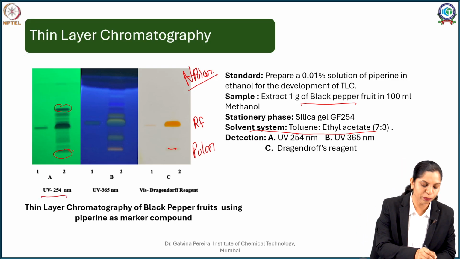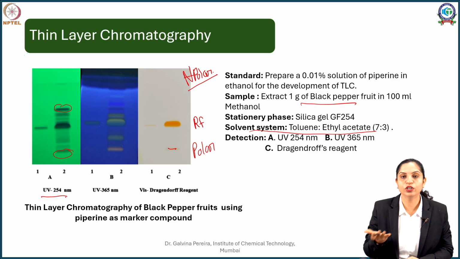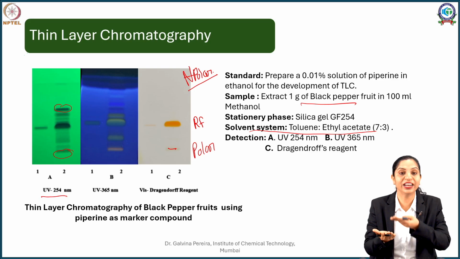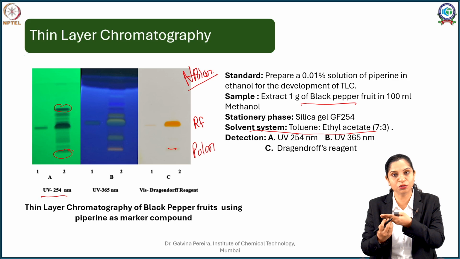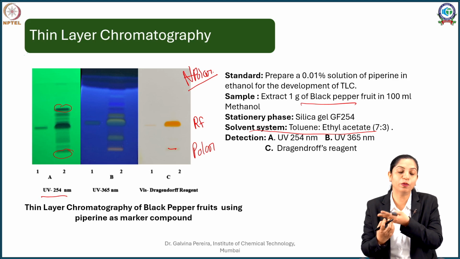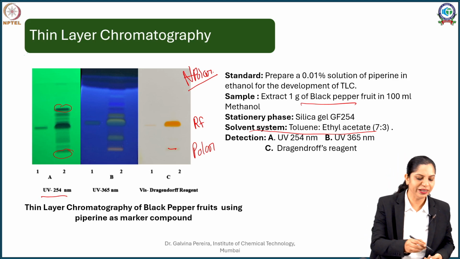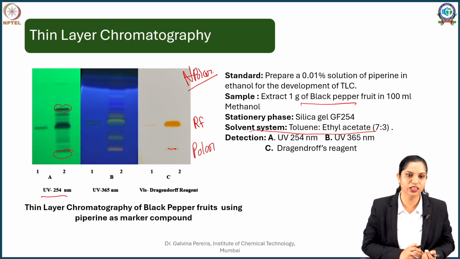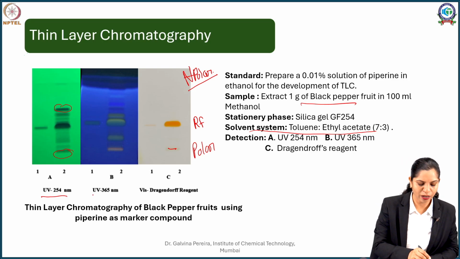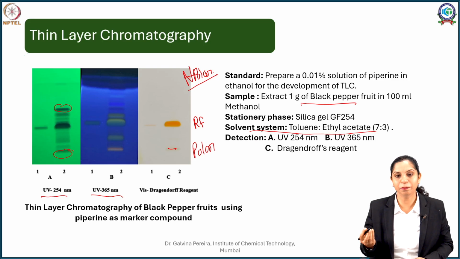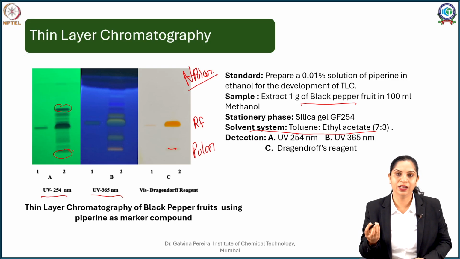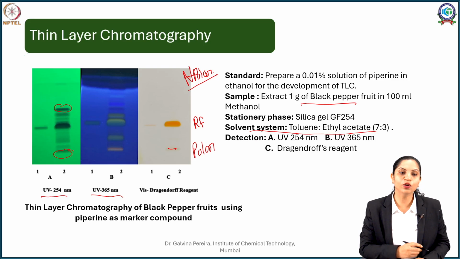The reason is I am using a fluorescent plate, so it already has a fluorescence. Whenever an organic compound runs on it, the fluorescence is not able to reach my eye because this organic compound is quenching it. So this quenching leads to formation of black color spots. In the second case, I observe a little bit of faint coloration, because these compounds produce a slight glow. So under UV 365, these compounds are fluorescent.